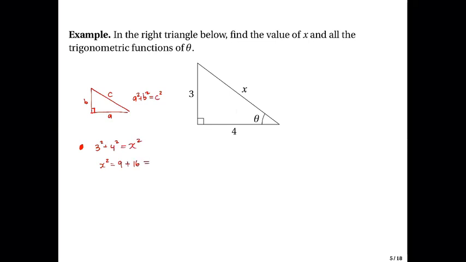So this is equal to 25. And therefore, our x is equal to plus and minus the square root of 25, so plus and minus 5. Now, since we are talking about length, of course, we will only consider positive values.